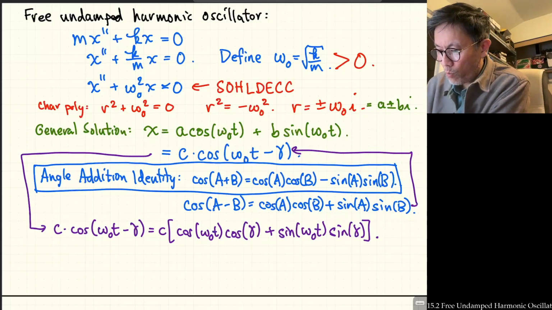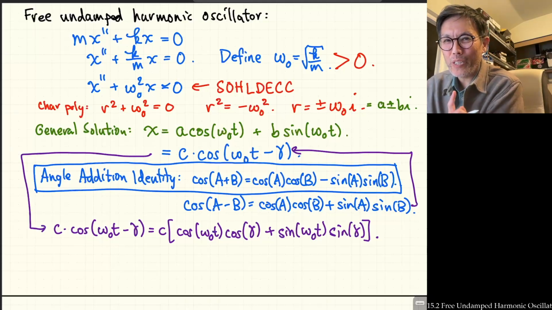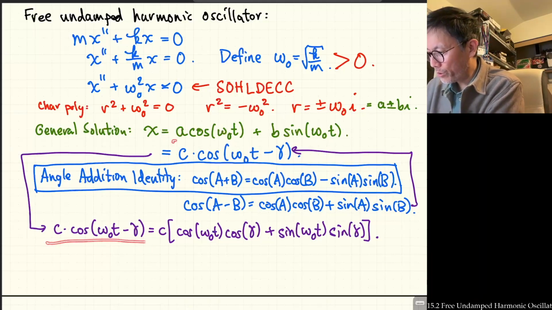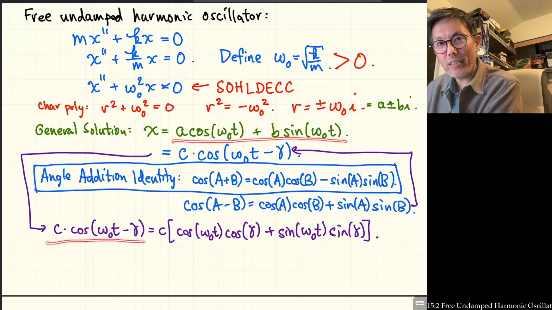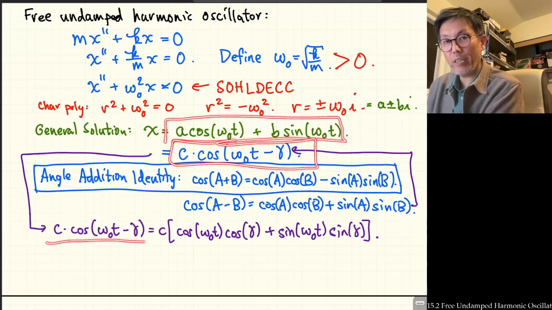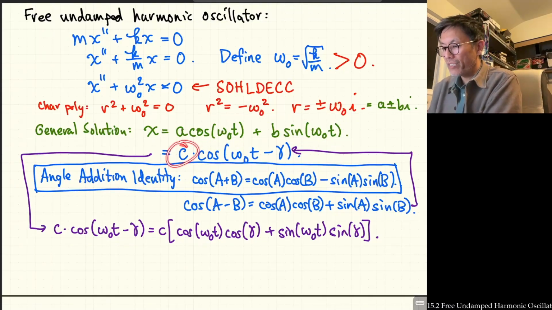Don't lose sight of what we're trying to do here. We're trying to make this expression equal to a cosine omega naught t plus b sine omega naught t, because we want to write this green thing as a single sinusoid. I'm proposing this sinusoid will do the trick, but if it does, we would like to know what C is and what gamma is.